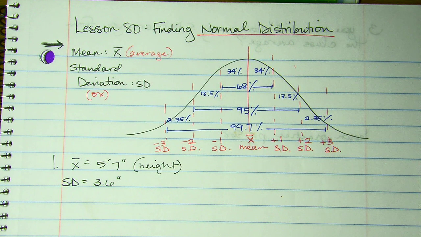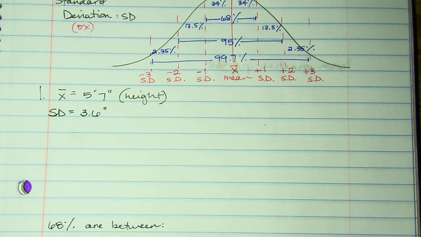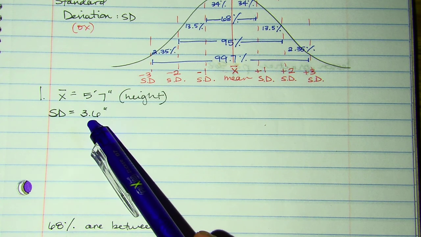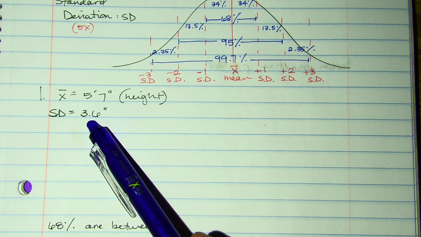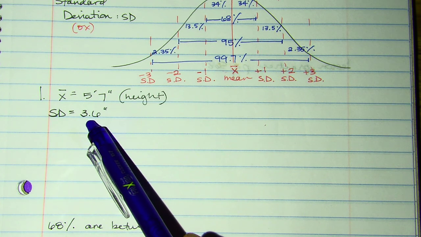So, standard deviation is the distance from your average. And so I'm gonna do one with you, and then we'll get into the lesson practice. So let's pretend that the average height in our class is 5'7", okay? And that the standard deviation is 3.6. So meaning it varies 3.6 inches in each direction.